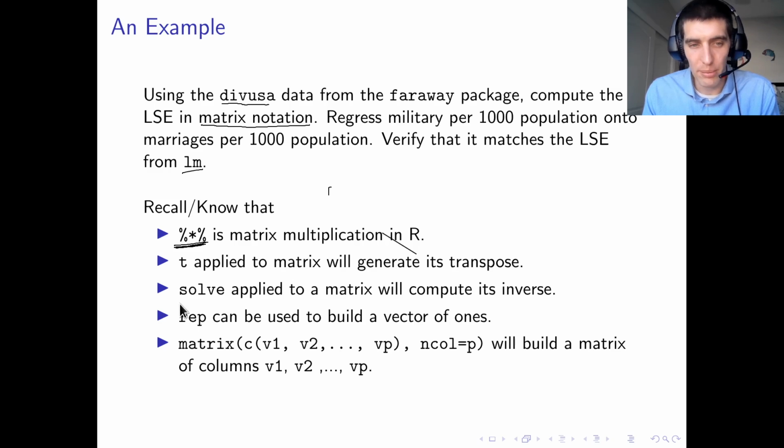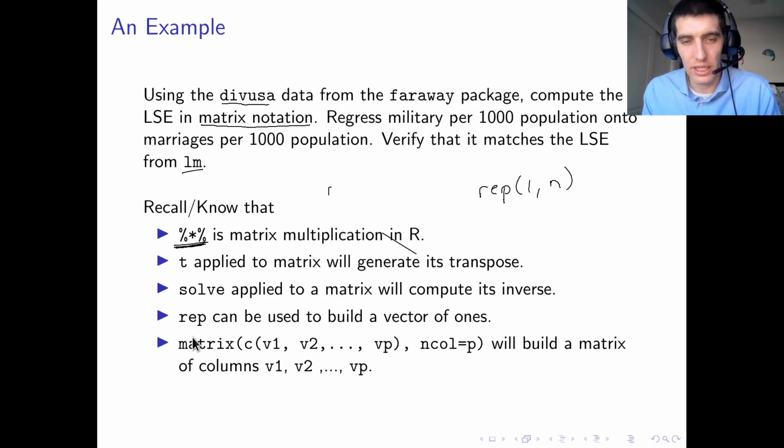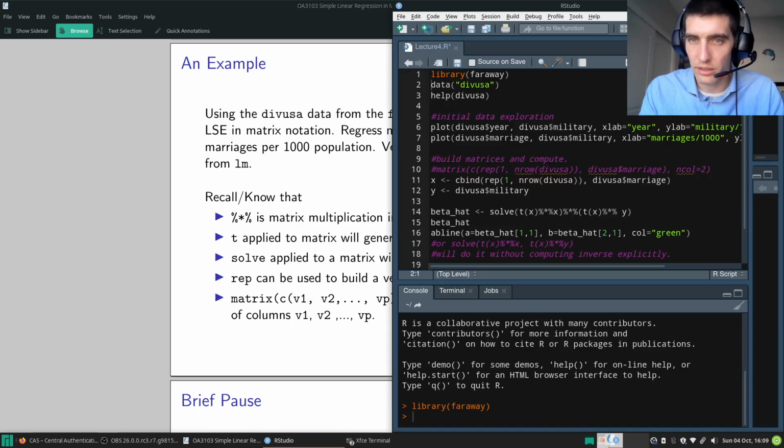We can use rep to build a vector of ones, so if you do rep(1, n), it will generate a vector of n ones. And then we can stack vectors together using matrix or using cbind. Those are both ways to stack vectors together. Okay, so this is the example we're going to do. Let's switch over to R next and take a look.